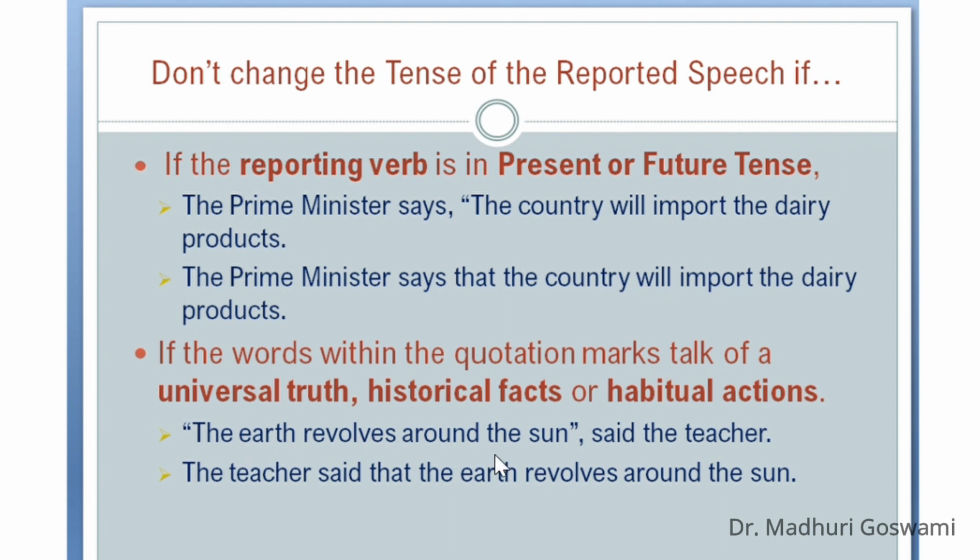The earth revolves around the sun, said the teacher. The teacher said that the earth revolves around the sun. In these sentences, a universal truth is expressed, so although the reporting verb is in the past tense, we do not change the tense of the reported speech.